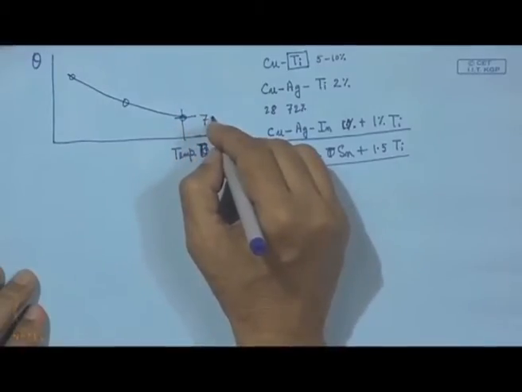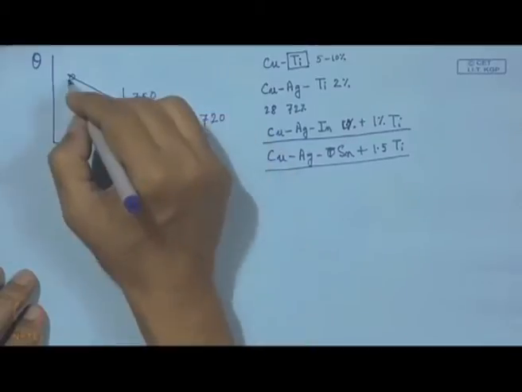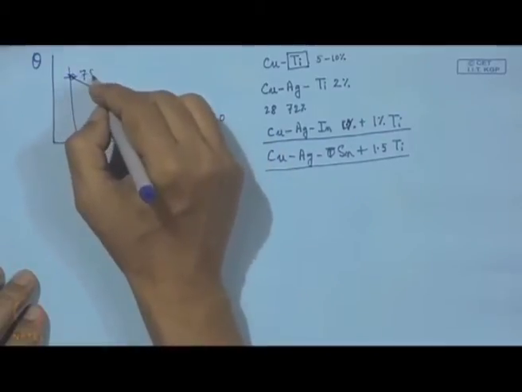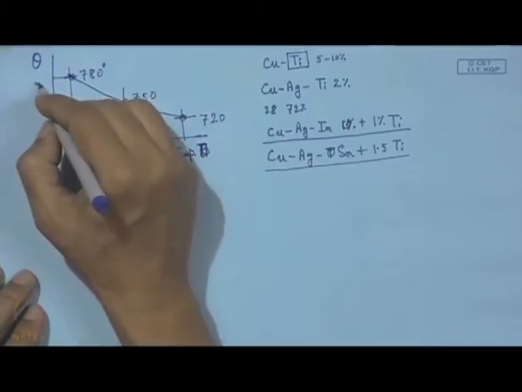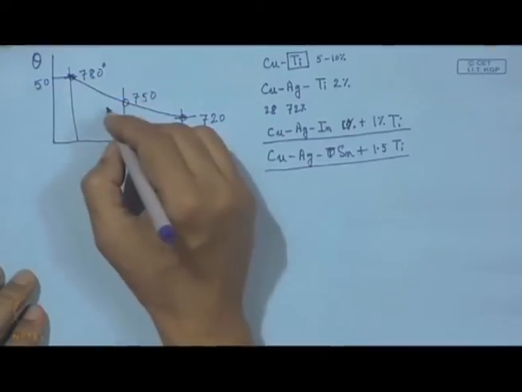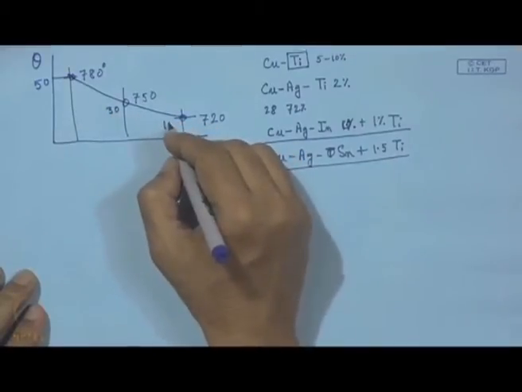This may be, for example, 720, 750 and 780 degrees, and the wetting angle, say for example, 50, then around 30 and around 15 degrees.